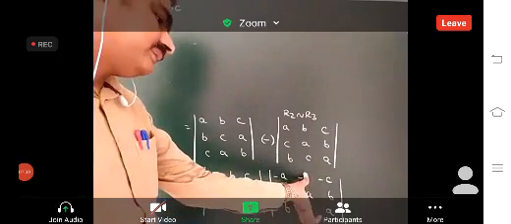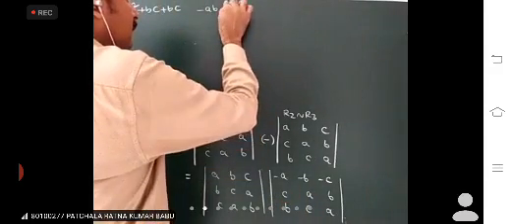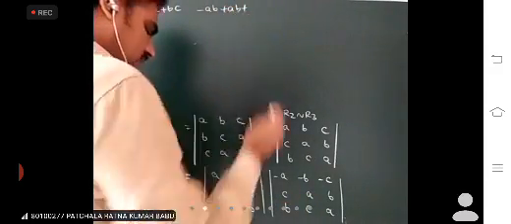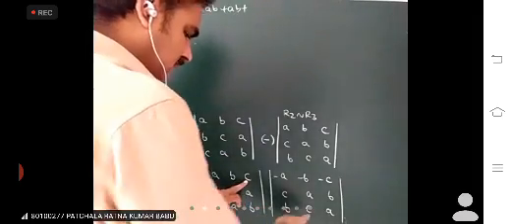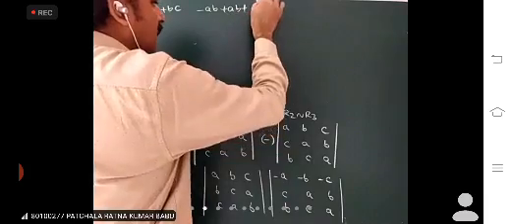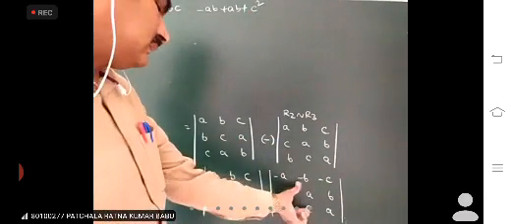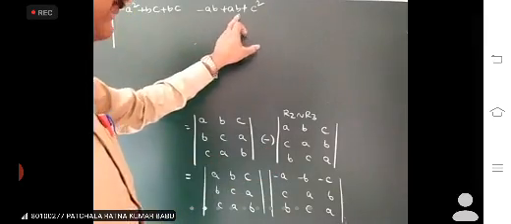Next, multiply the first row with the second column. A into minus B, minus AB, plus B into A, AB, plus C into C, C squared. Multiplying the first row with the second column, we get minus AB plus C squared.